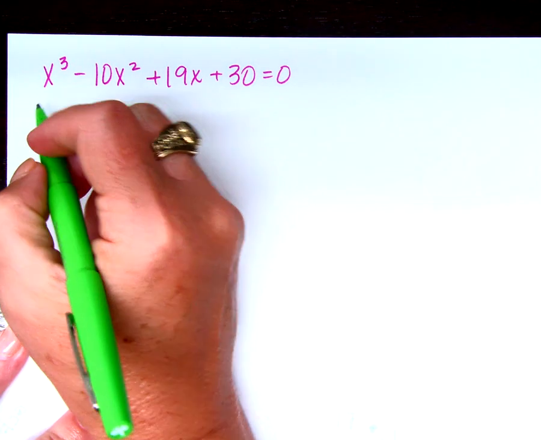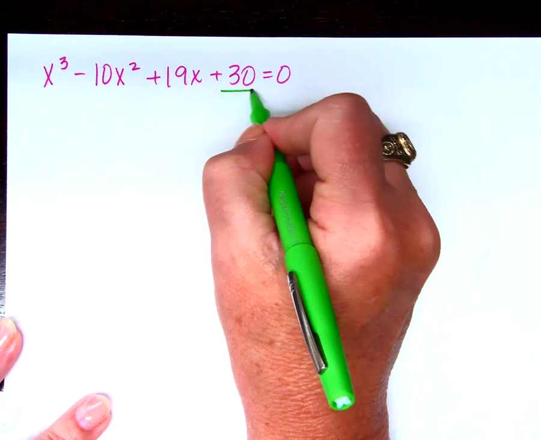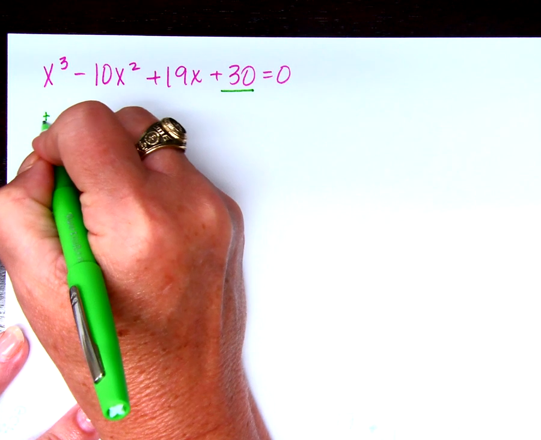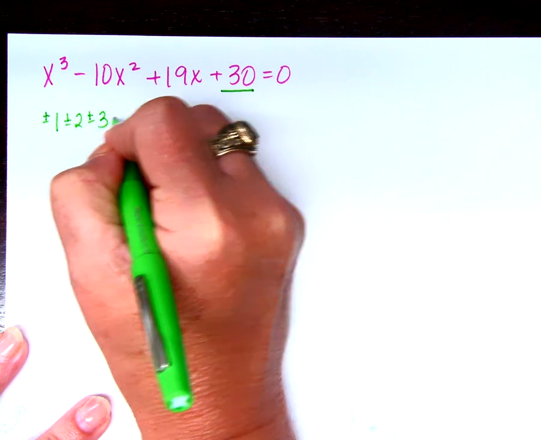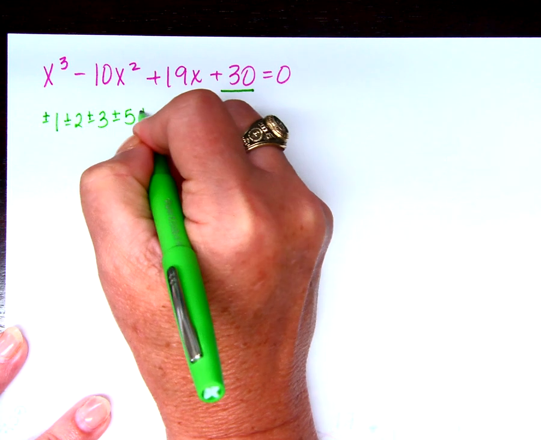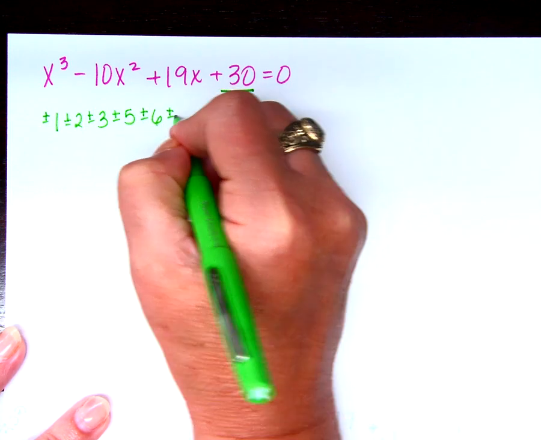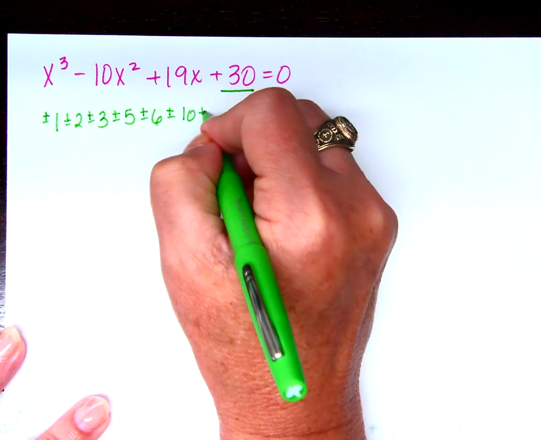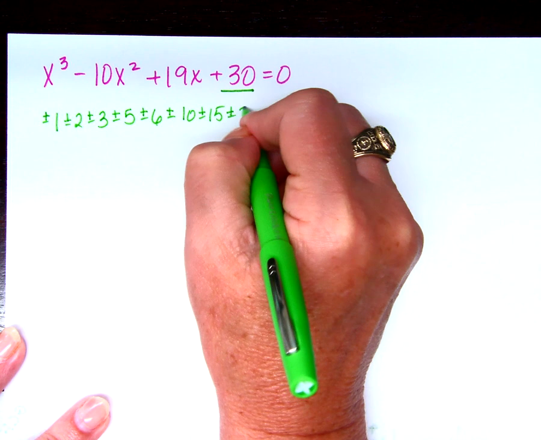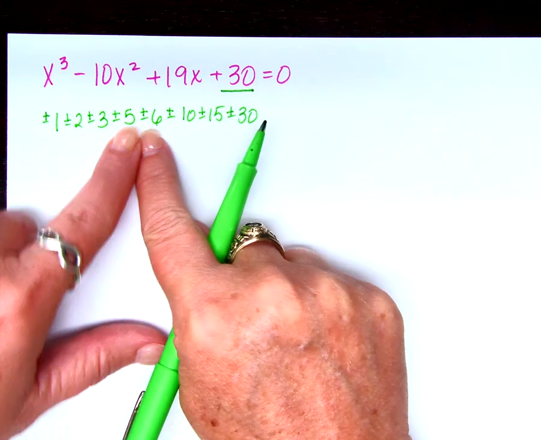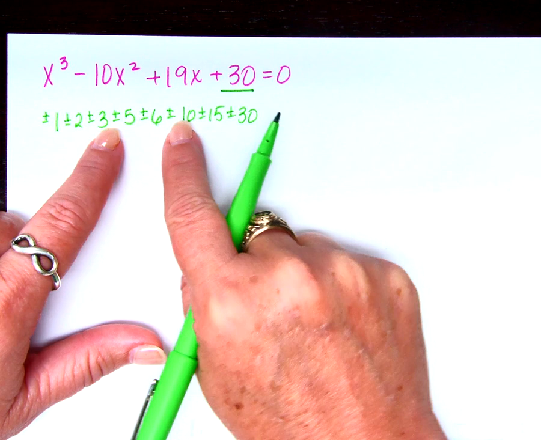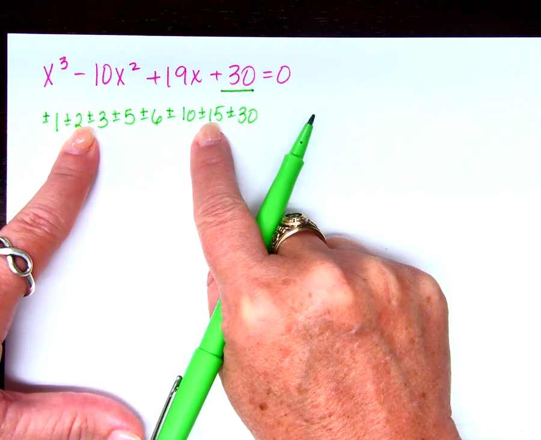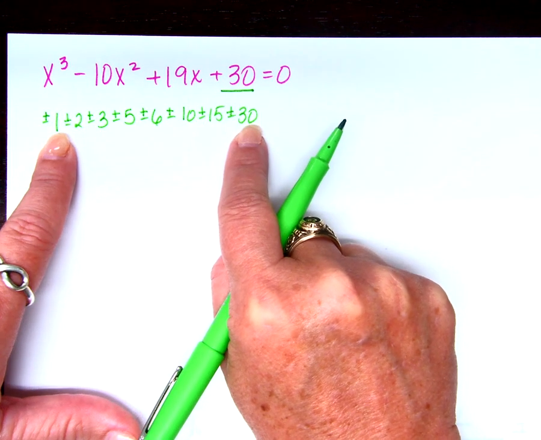All possible roots. So all the factors of 30, 1, 2, 3, 5, 6, 10, 15, and 30. Do you see that I'm trying to match up the partners? 5 and 6 make 30, 3 and 10 make 30, 2 and 15 make 30, 1 and 30 make 30. Yes?